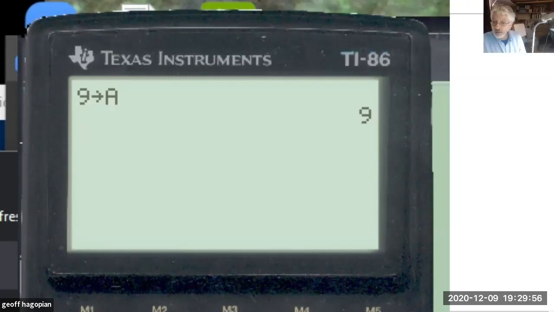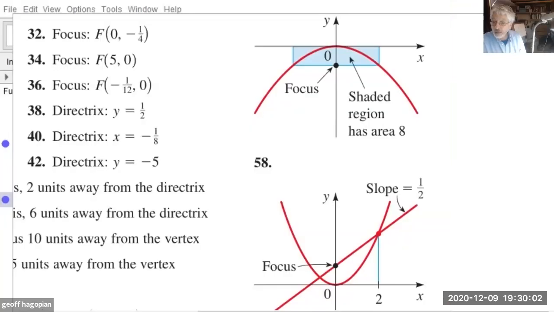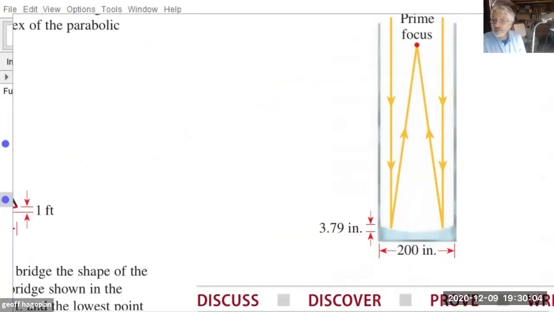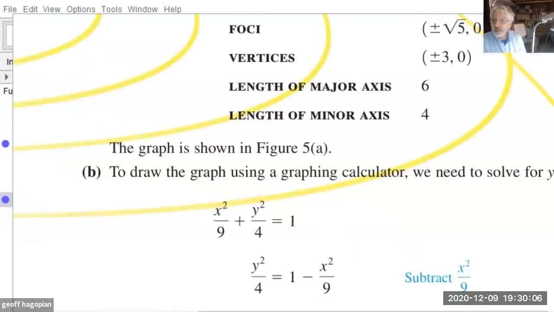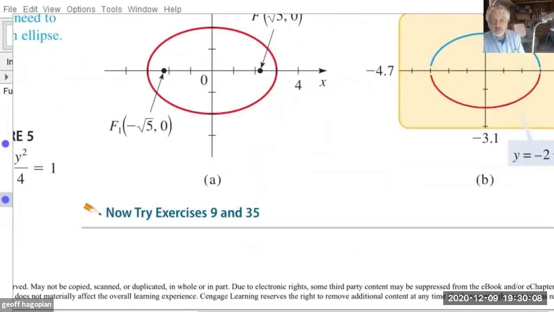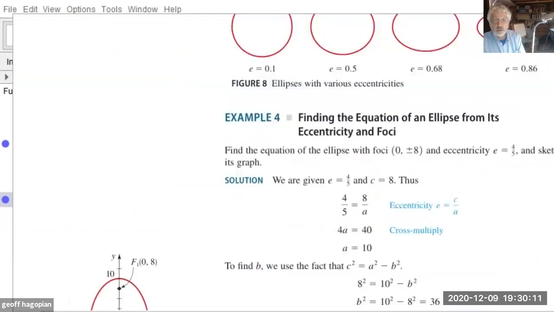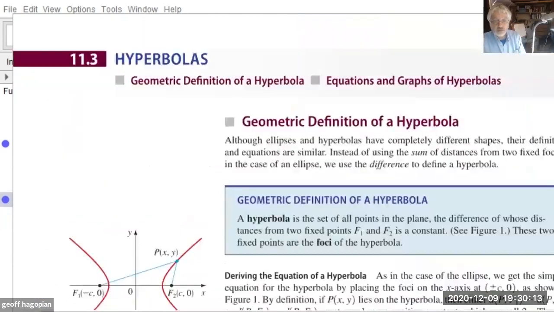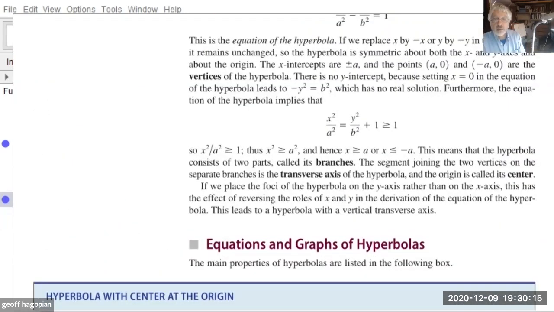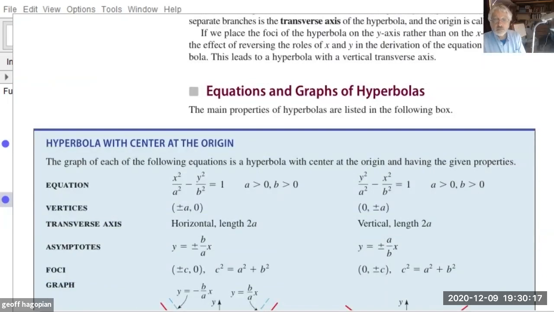We could go back to the text and be sure of that, right? I've got to scroll down here past the ellipses into the hyperbola, and there's a little box containing the information.